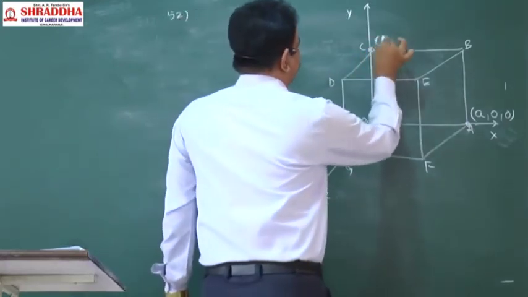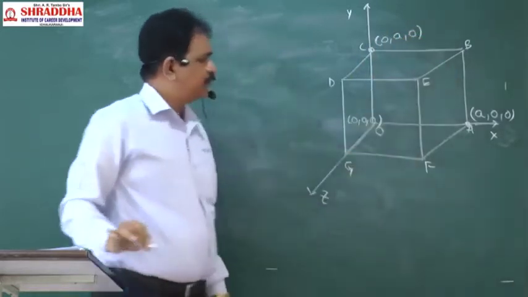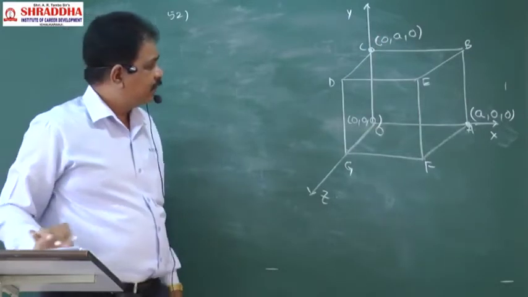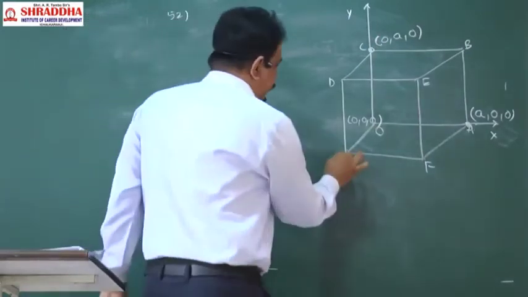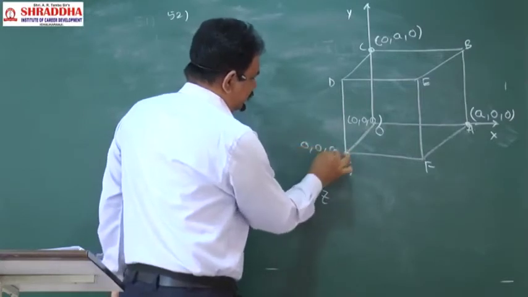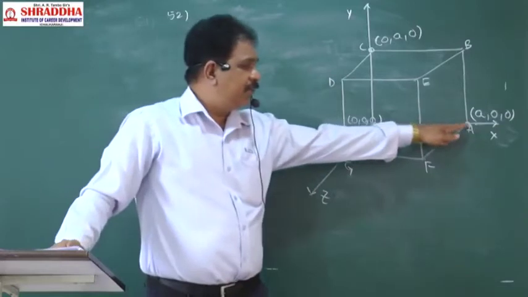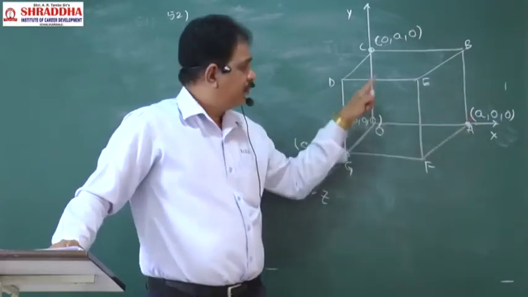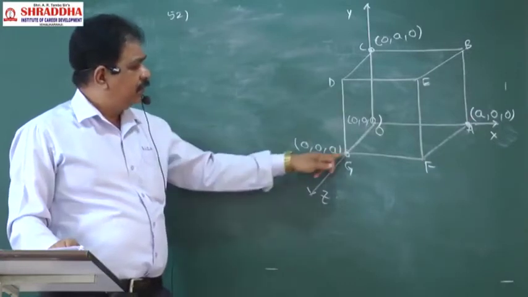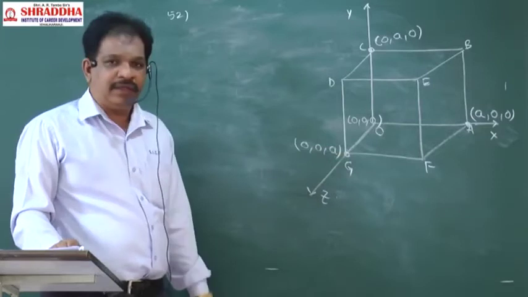What are its coordinates? 0, A, 0. Is it clear? Next. This point, z-axis. 0, 0, A. Its coordinates will be A, 0, 0. Its coordinates will be 0, A, 0. Its coordinates will be 0, 0, A.